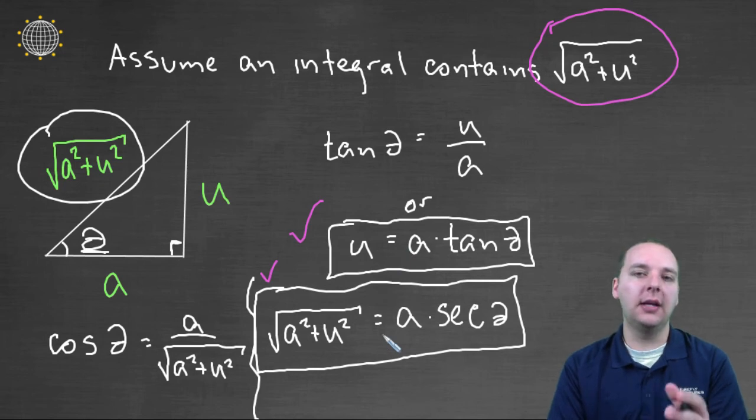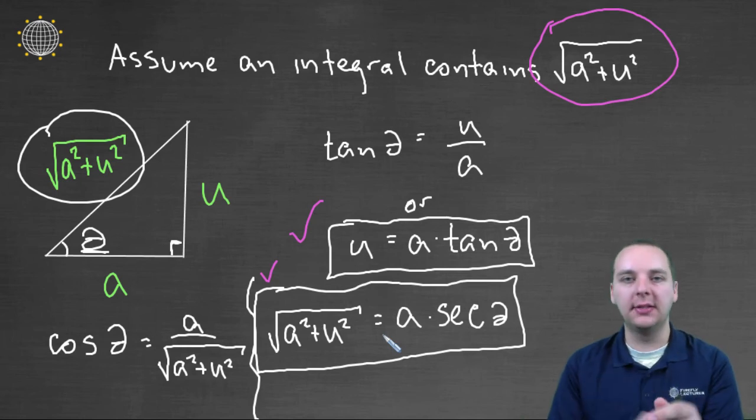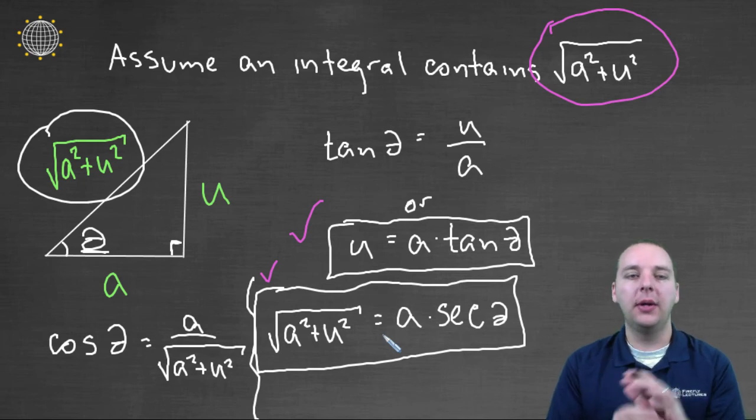Now, one last thing I'll mention before I let you go is that, as I said in the last video, most textbooks write this down as: if you have this, then you make this substitution, and if you have this, then you make this substitution. And it's all correct. There's nothing incorrect about it. But just from my experience, it's difficult to memorize that much stuff. So what I typically do is do these on the fly.